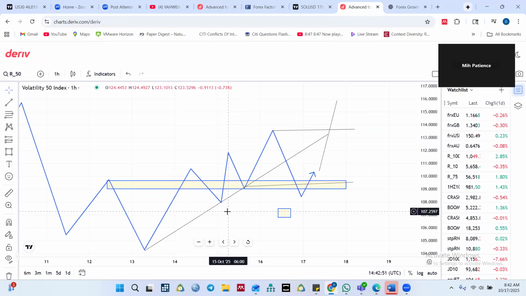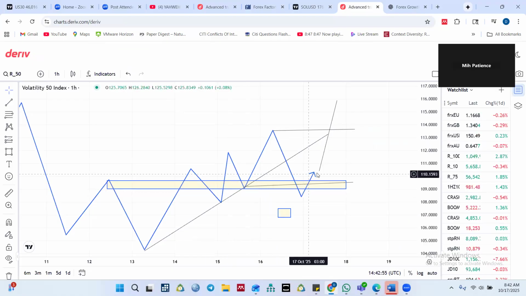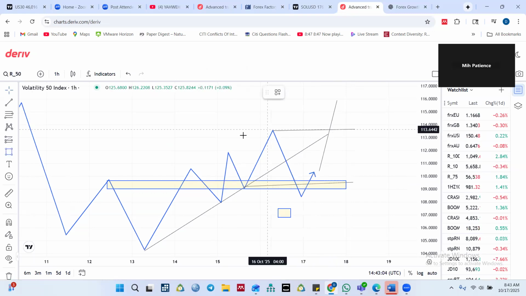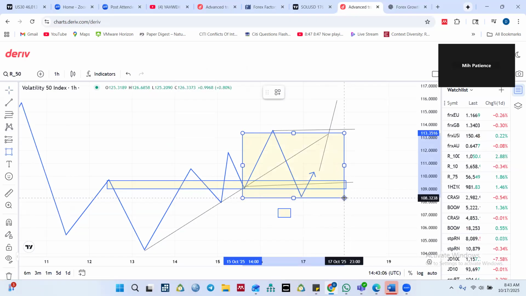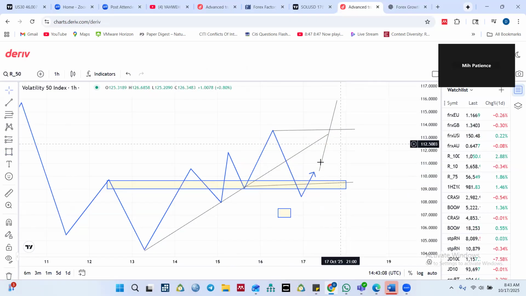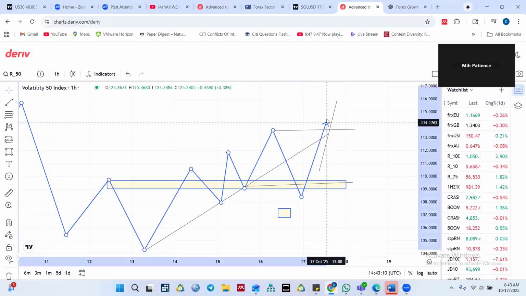So, where were we? We're looking at market structure, right? So I was saying that the only way we are going to see price not give us a sell after this shift here is when it moves up and takes out the high.